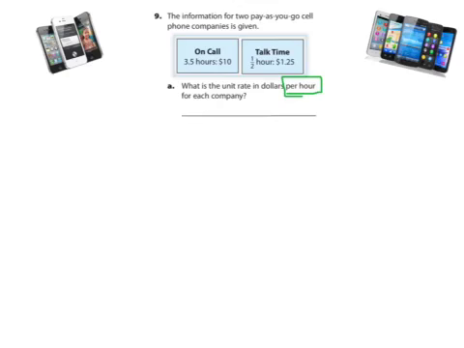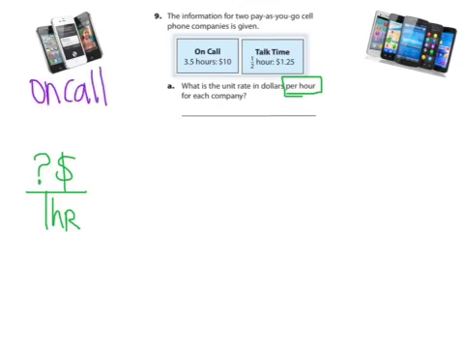I'm going to set up my two ratios. I'm going to say 1 hour. I do not know how much it's going to cost. That's what we're trying to figure out. I'm going to do on call on this side, and then talk time on this side.